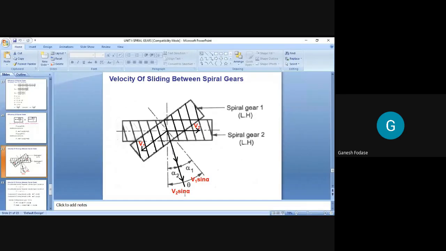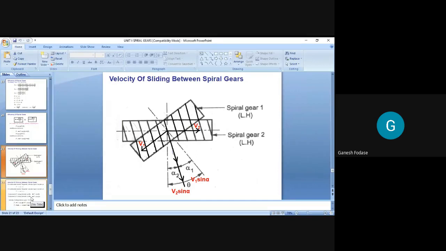Hence the sliding velocity: the component of V1 along this common tangent is V1 sin alpha 1, and the component of V2 is V2 sin alpha 2. So the resultant is V1 sin alpha 1 plus V2 sin alpha 2, and hence the sliding velocity Vs is equal to V1 sin alpha 1 plus V2 sin alpha 2.